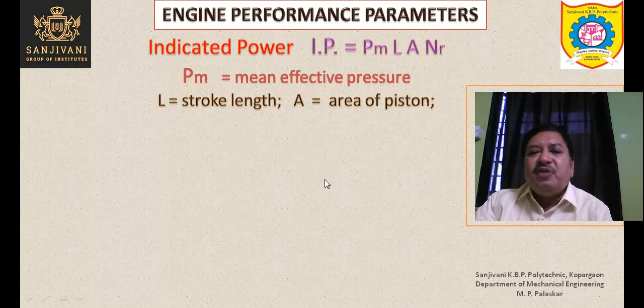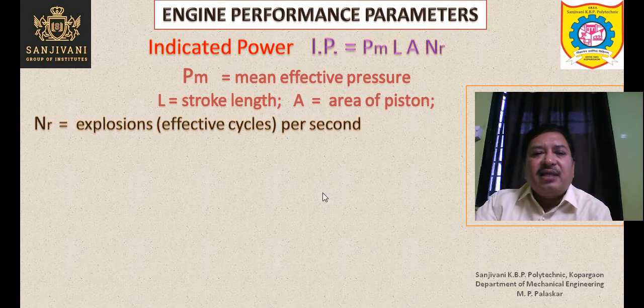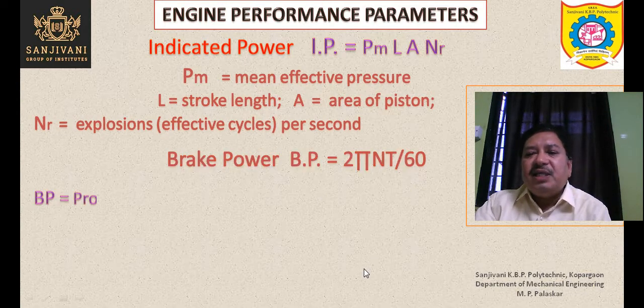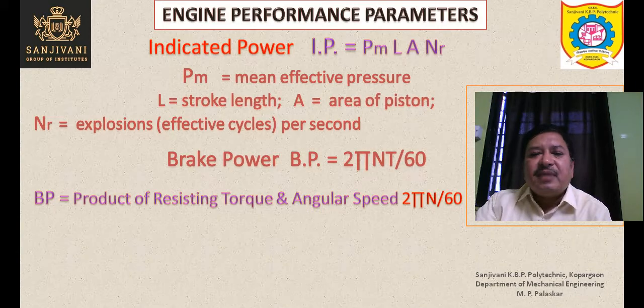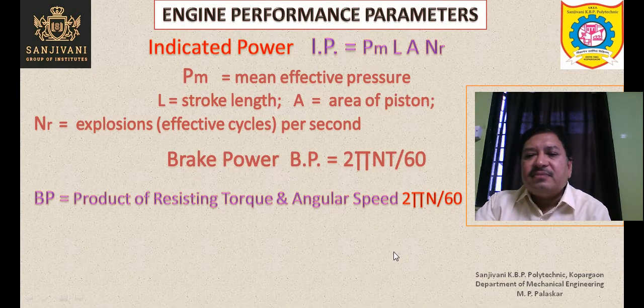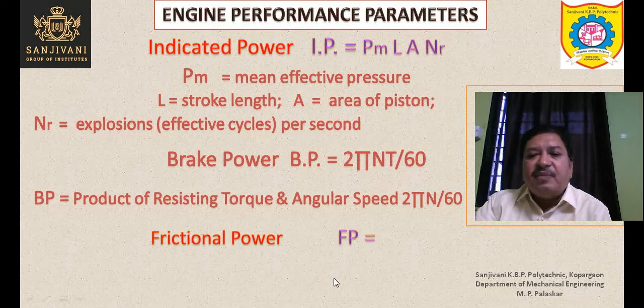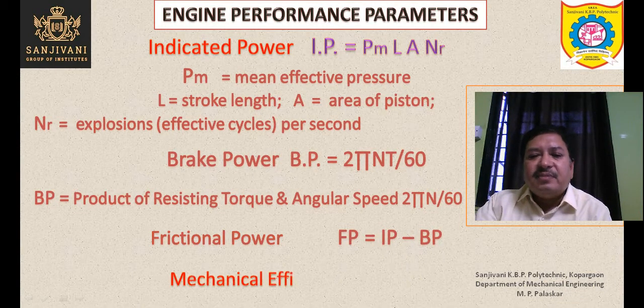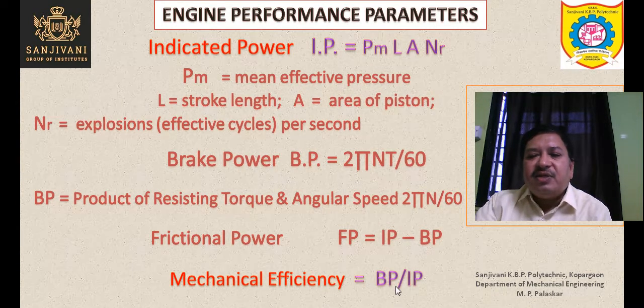PM is the mean effective pressure, L is the stroke length, A is the area of the piston, NR is the number of explosions or effective cycles per second. The brake power is equal to 2 pi nt upon 60, the product of resisting torque and angular speed. Then the frictional power is equal to indicated power minus brake power. The mechanical efficiency is the ratio of brake power and indicated power.